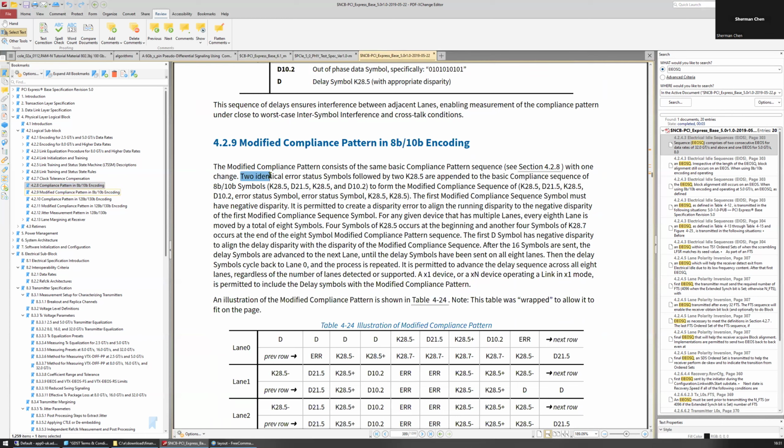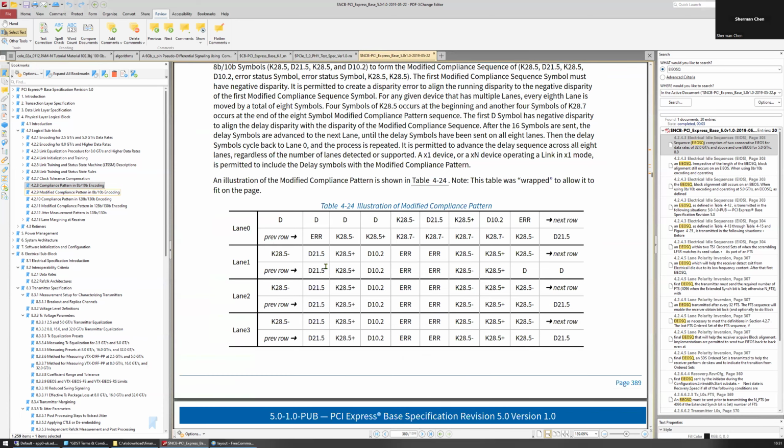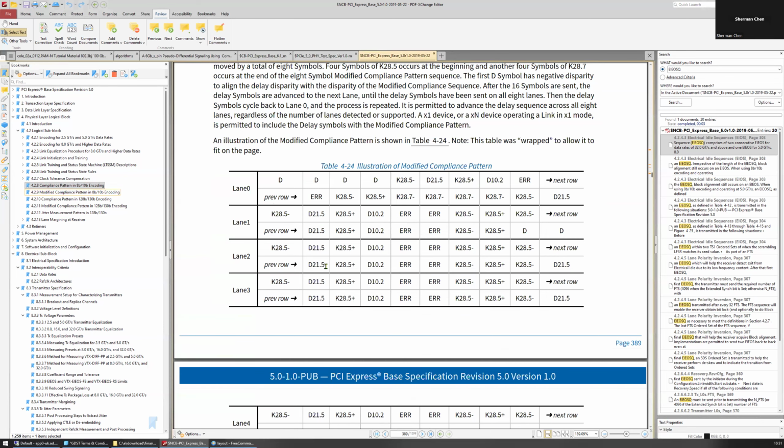The change is two identical error status symbols followed by two K28.5 symbols. If we look at this table of this MCP pattern configuration, I can see, yeah, here we have the error symbol followed by two K28.5 symbols.